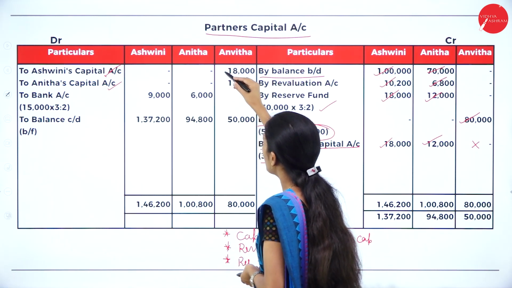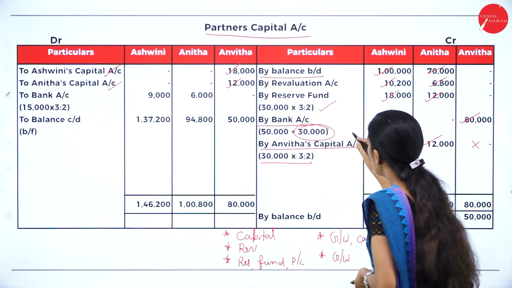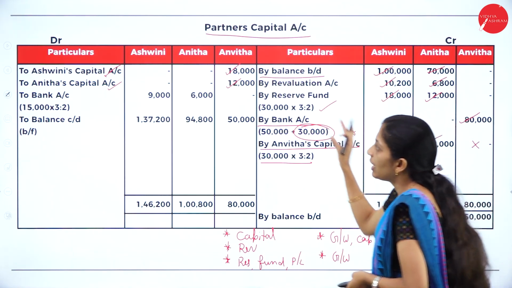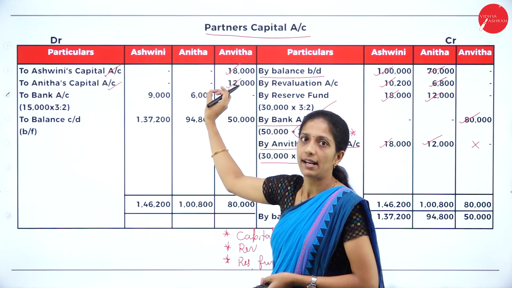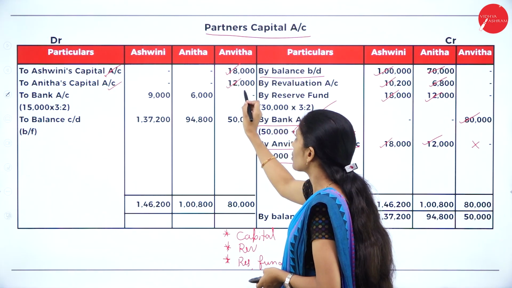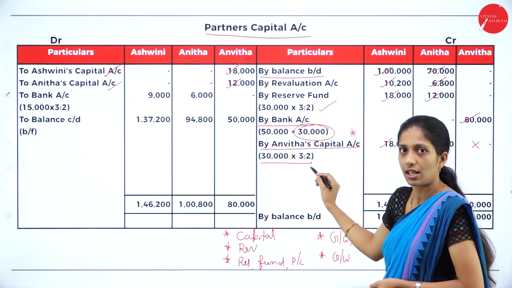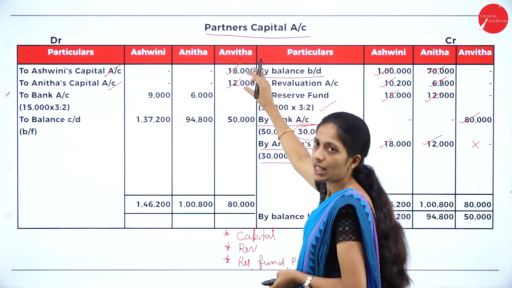Now, you will write under Anvita's column. So you have to be careful. If it is Anvita, then write in the remaining partners' column. If it is the remaining partners, then you have to record the amount in the new partner column. Okay. So, 18,000 and 12,000. The same 30,000 distributed in the ratio 3:2 will get 18,000 and 12,000. So that you will record here.